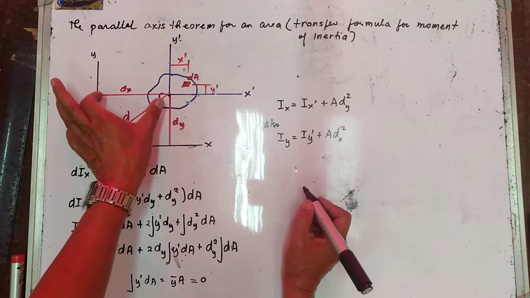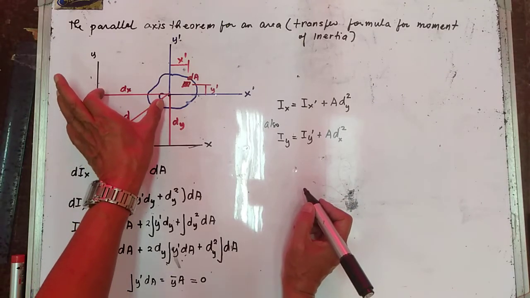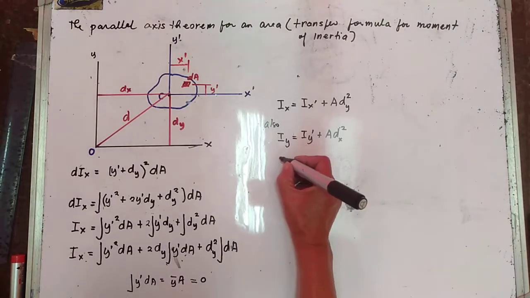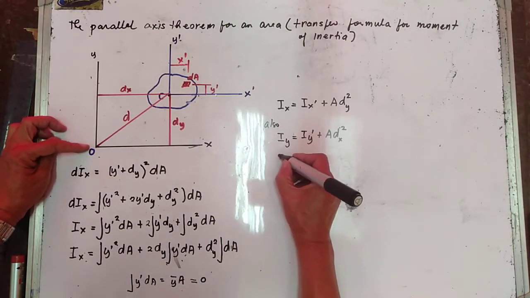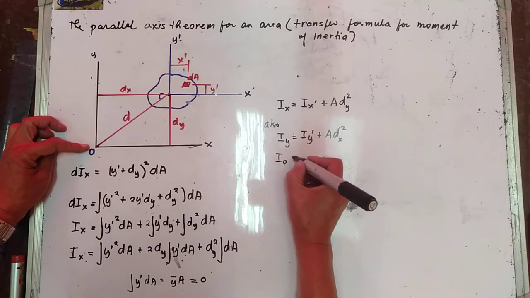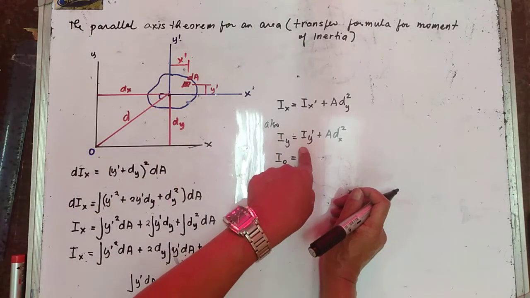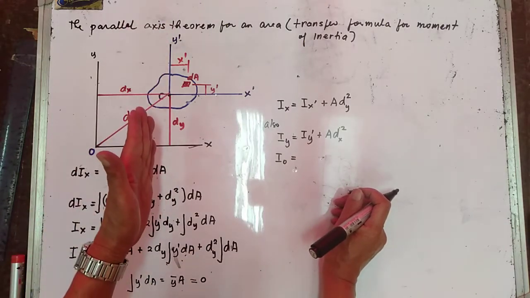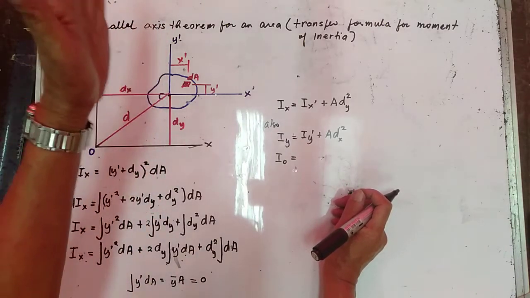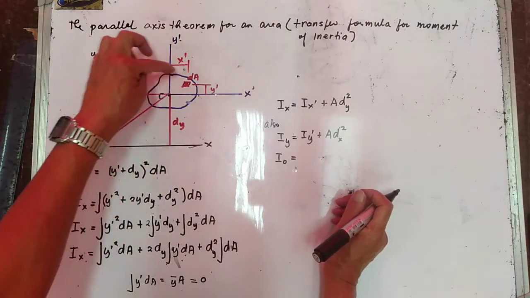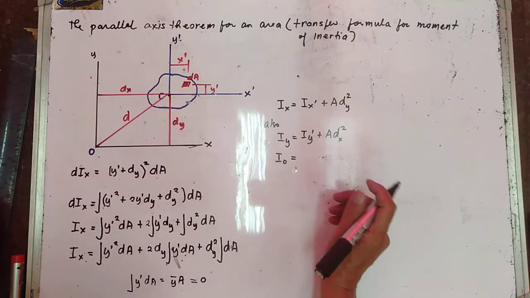So your d in there is the distance parallel to the x-axis. Hence, the polar moment of inertia is now equal to, again, your y prime is the moment of inertia with respect to the y prime axis, which coincides with the centroid of this body.